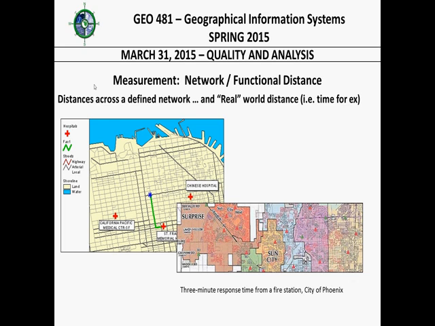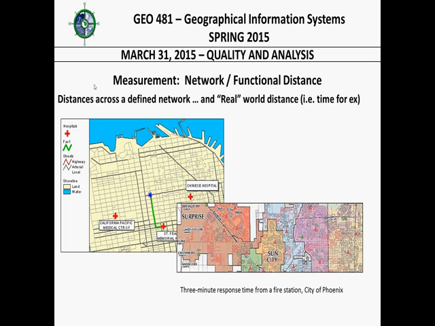You're not going to fly across the building to the hospital. And you might if it's Mercy Flight. But in this example, we're talking about an ambulance driving to the person, picking them up, and then taking them to the hospital. So in that case, what's more important than the straight line distance is the distance along the road network: how many miles is it, and more importantly, how many minutes is it. And we'll talk about network allocation later in the class, and I think it's April 14th.